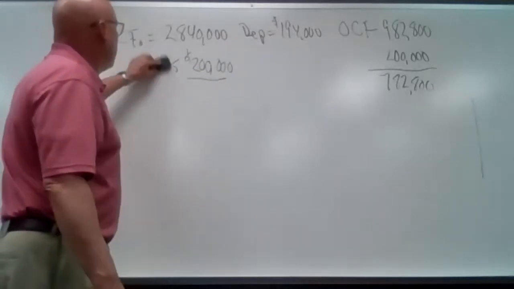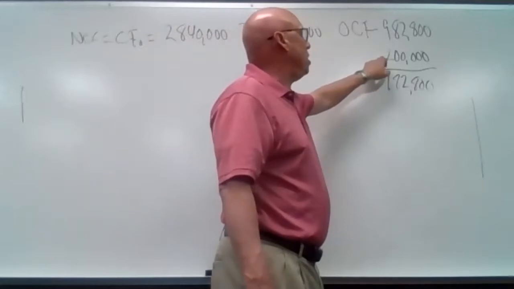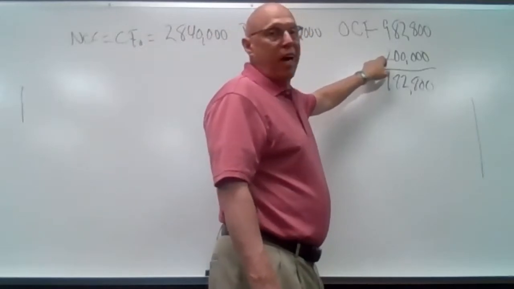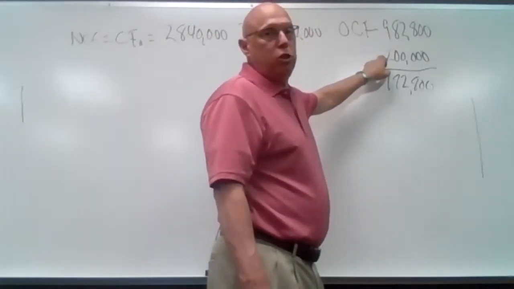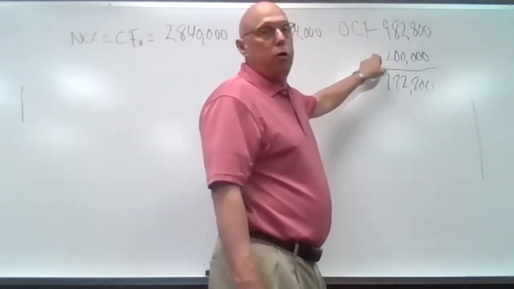And you would get some of it back through lower taxes, because if we took 200,000 divided by 10, that'd be 20,000 that you'd add back to depreciation, which would lower your taxable income, which would in turn lower your taxes.